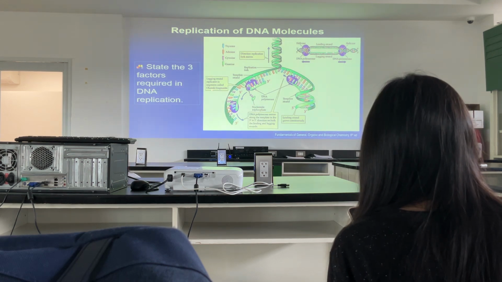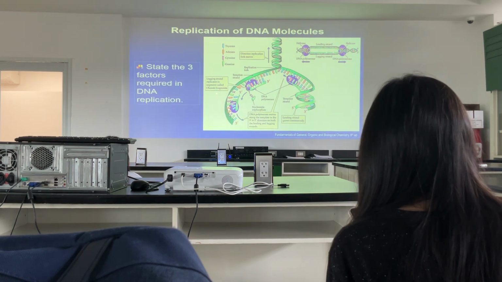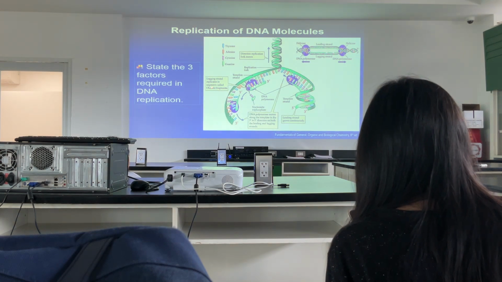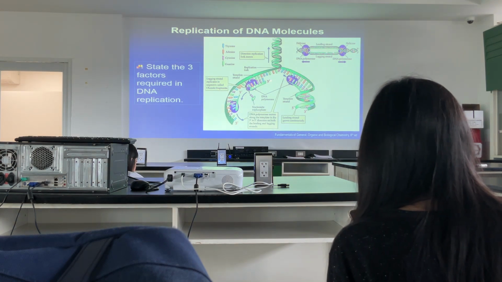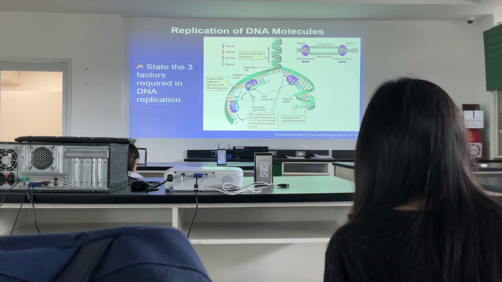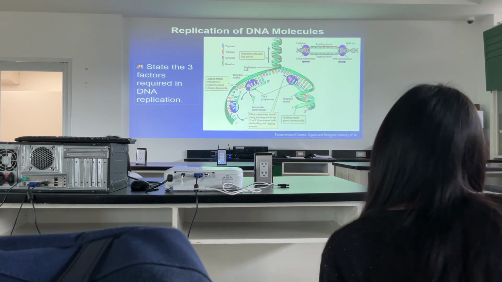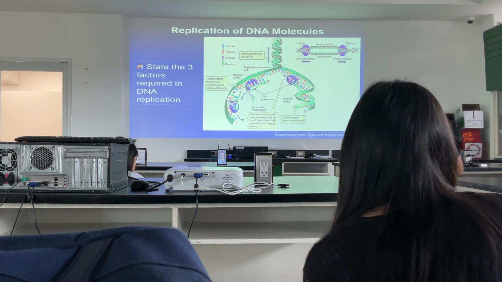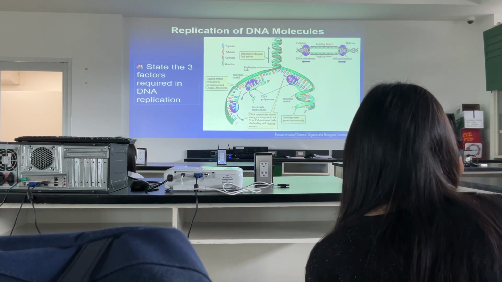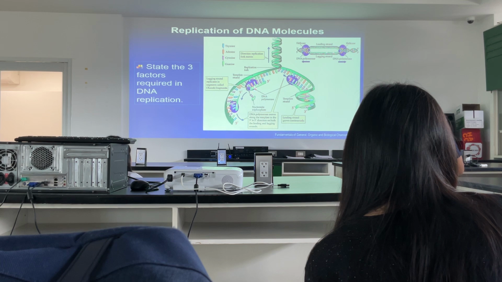We call them Okazaki fragments, named after the Japanese scientist who discovered that in the lagging strand, synthesis of DNA occurs in fragments.